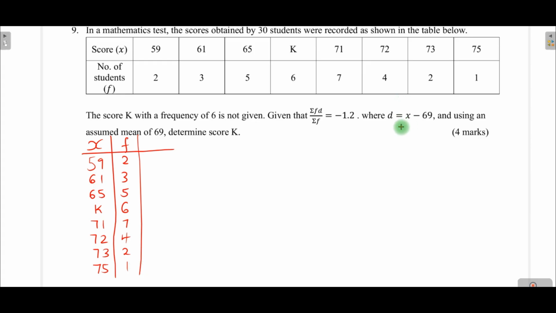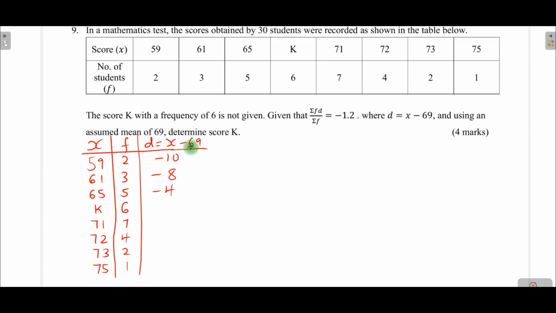And then where d is x minus 69. So d is the deviation, x minus the assumed mean 69. Taking 59 minus 69, that will be minus 10. 61 minus 69 is minus 8. 65 minus 69 is minus 4.